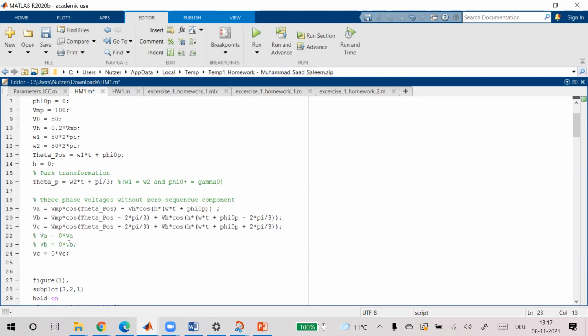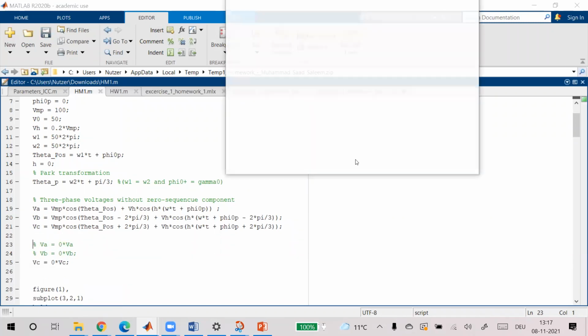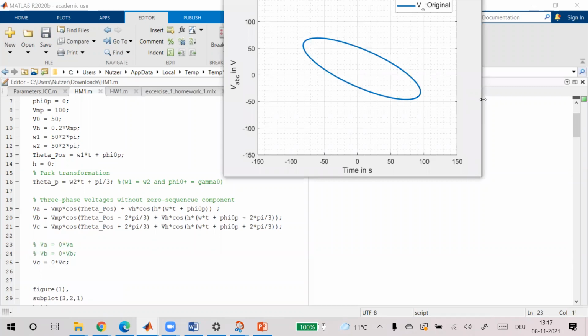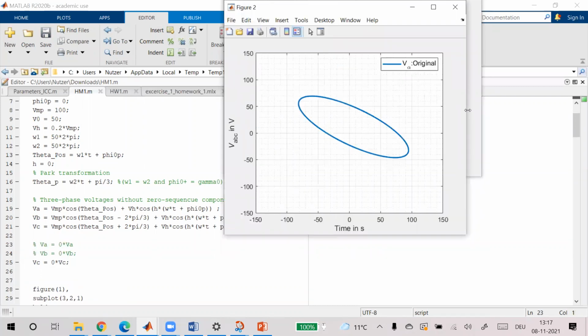Okay, so now we have a fault in C phase. You see it has changed the shape. So now it is along the C phasor. If you see the phasor diagram, this is the phasor for C, right?